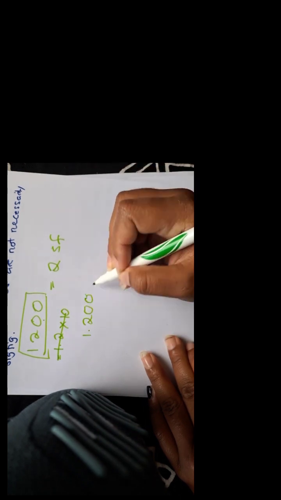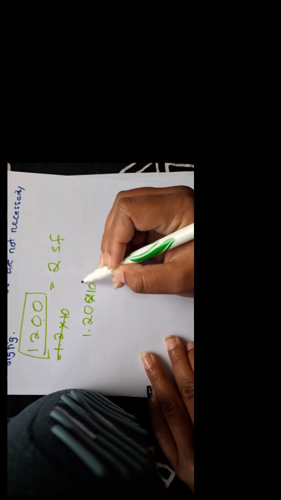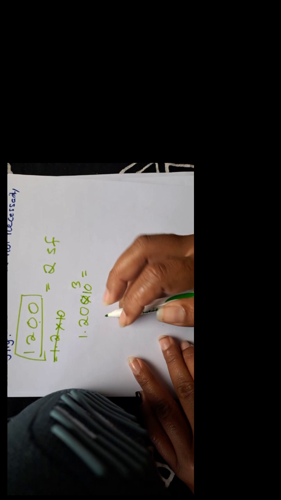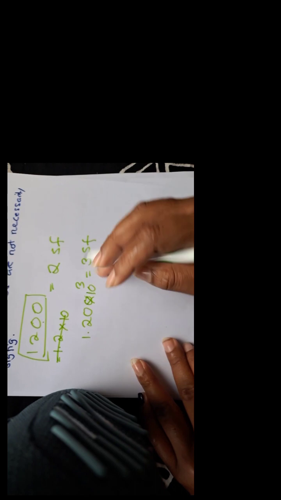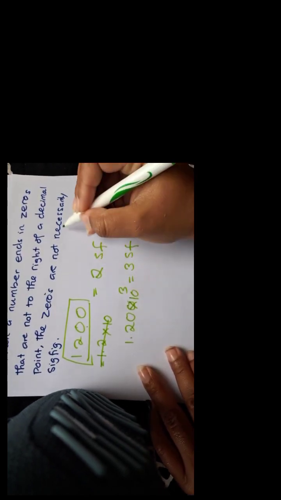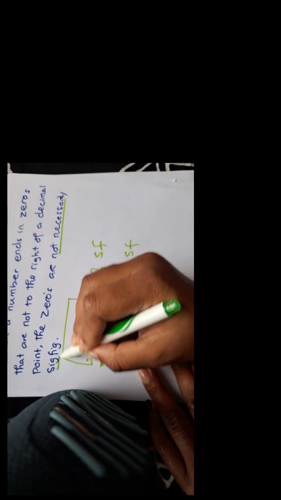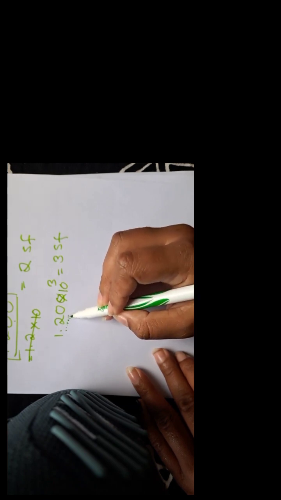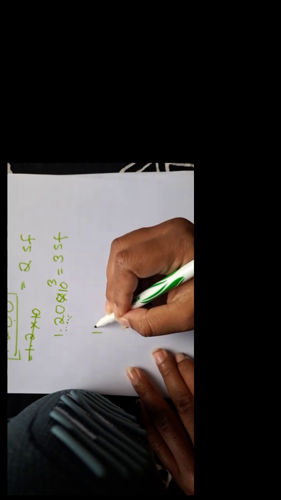But if we write 1.20 times 10 to the power of 3, then we have 3 SF here. The important thing is that the zeros are not necessarily sig fig, depending on whether we put a decimal point in or write it in scientific form.